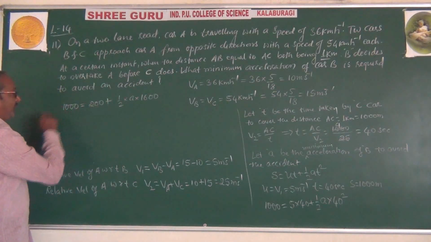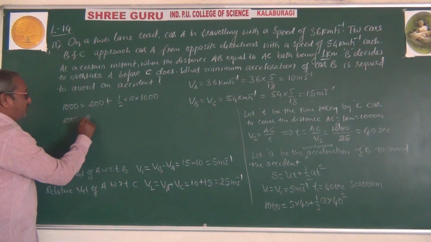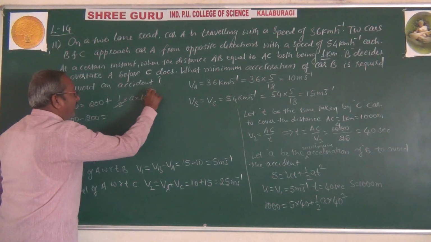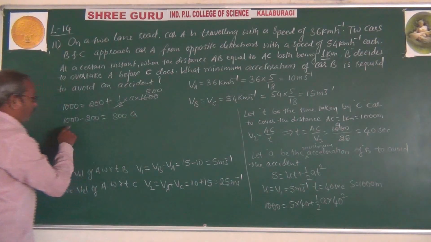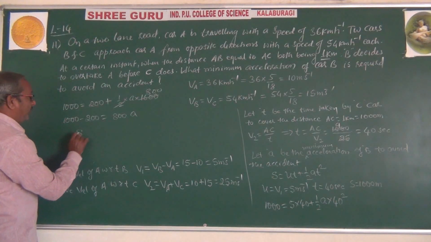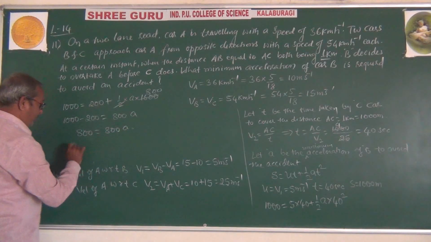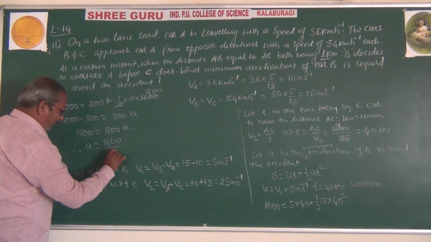Take this to the other side: 1000 minus 200 is 800, equal to 800 A. Therefore A equals 800 divided by 800.